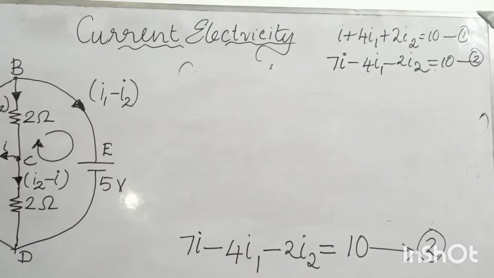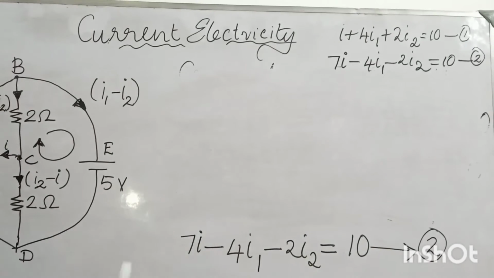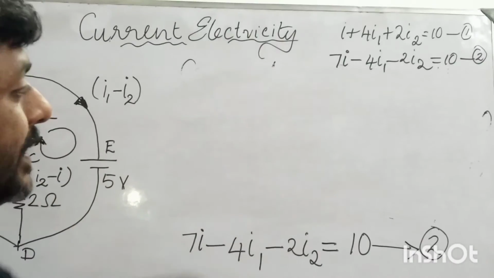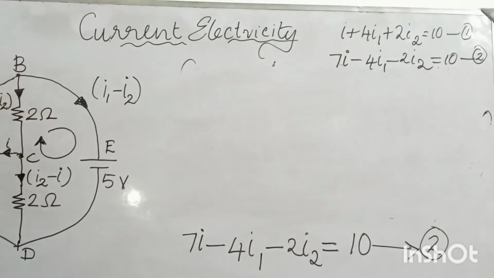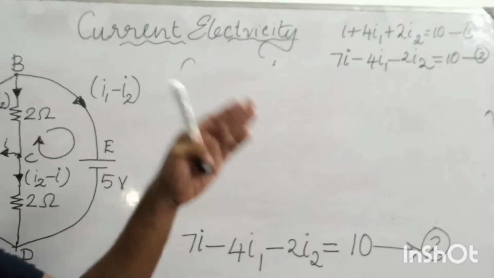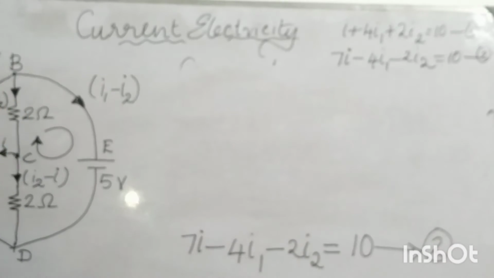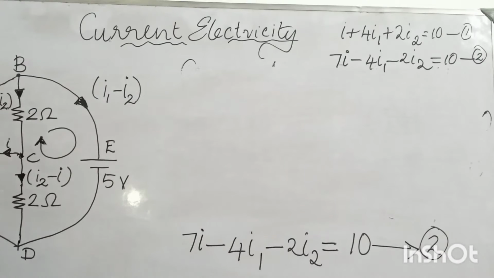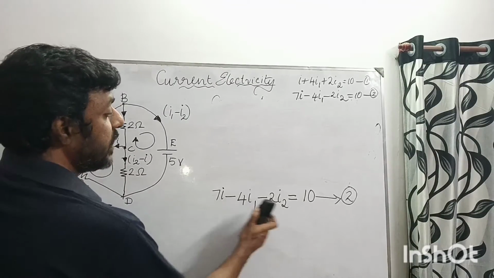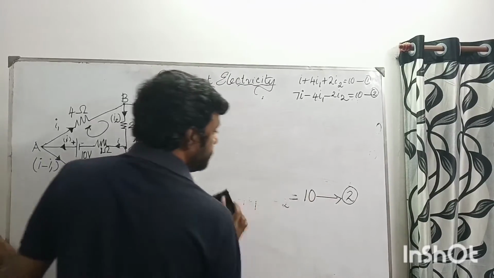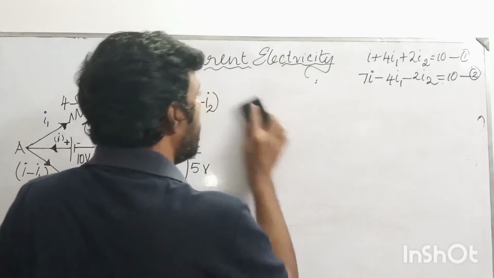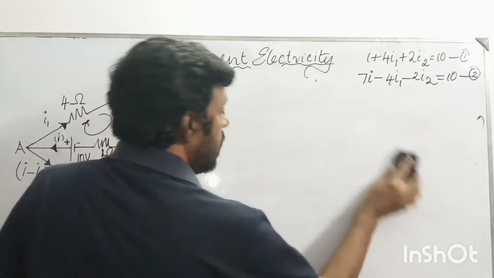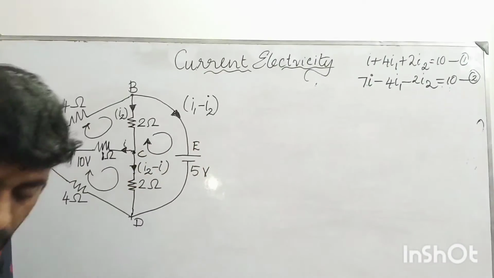You should be very careful while writing the equation in another part of the answer sheet. Sometimes you might make a mistake, like putting a negative sign instead of a plus, or a positive sign instead of a negative sign. So 7I minus 4I1 minus 2I2 is equal to 10. Always recheck your calculations then and there, so that you won't make mistakes while solving problems.